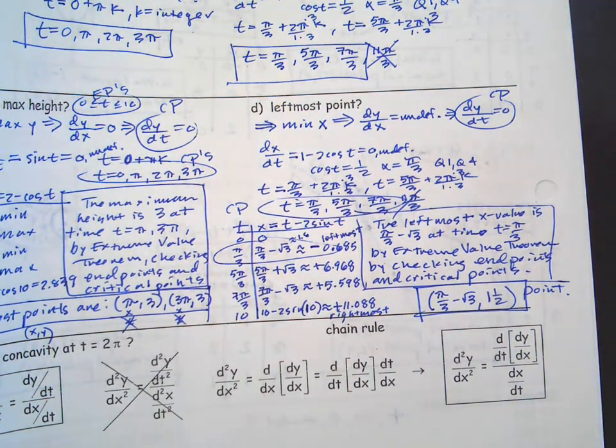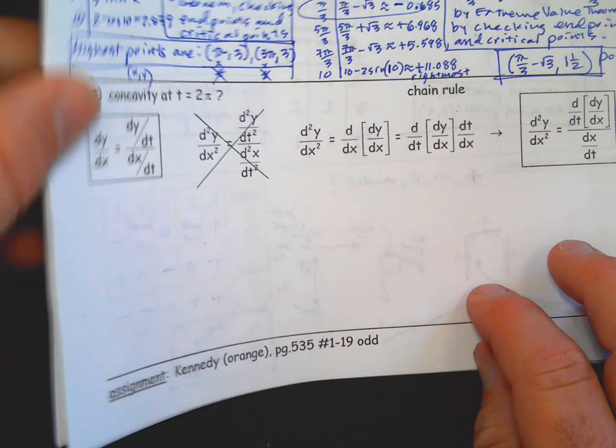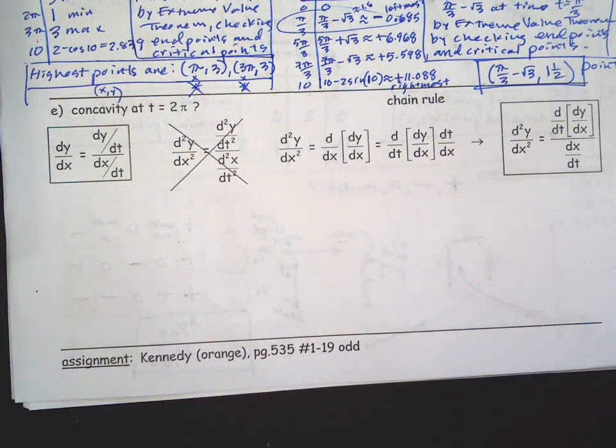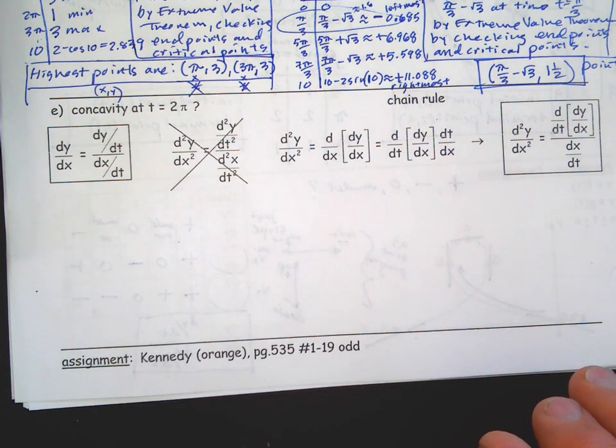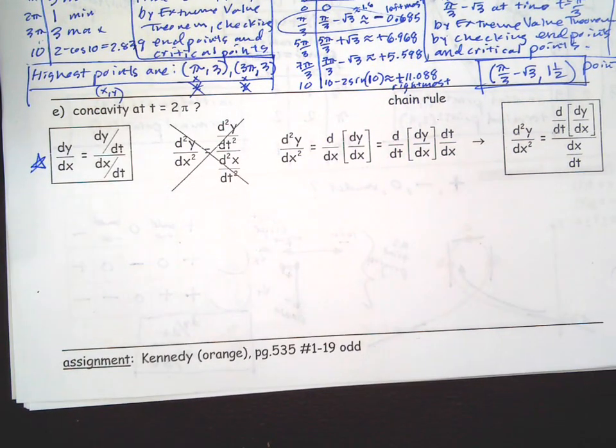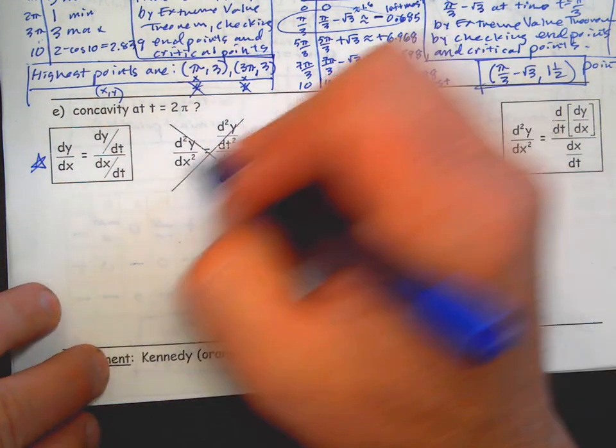Okay, so now to concavity. Now you can tell from the graph where it's concave up and concave down. We've already talked about that dy/dx is dy/dt over dx/dt, and the concavity comes from the second derivative. So we would take another derivative of the first derivative, which kind of makes sense, but this is not what you get.